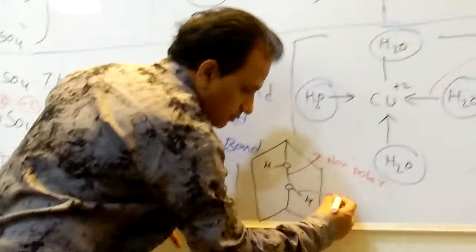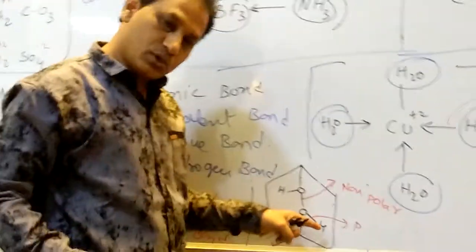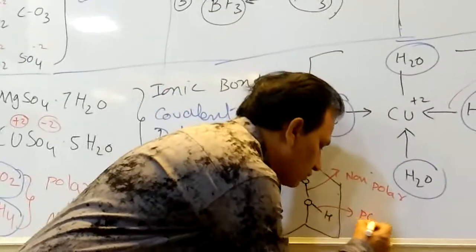O and H is polar, because hydrogen is the positive pole and oxygen is the negative pole.